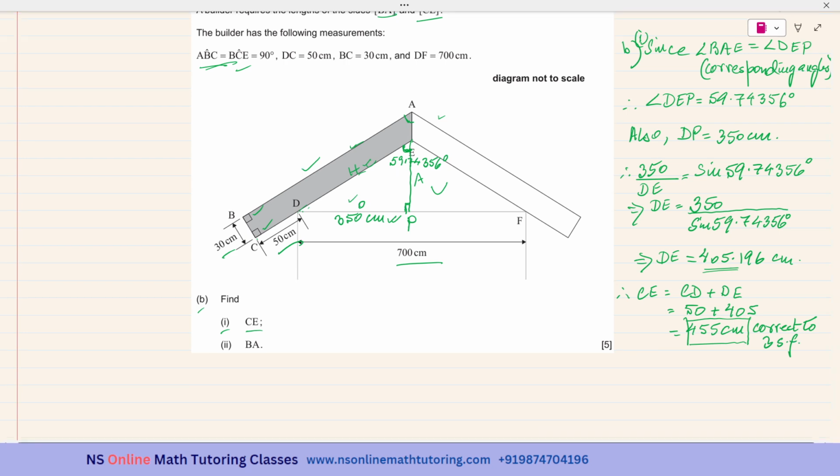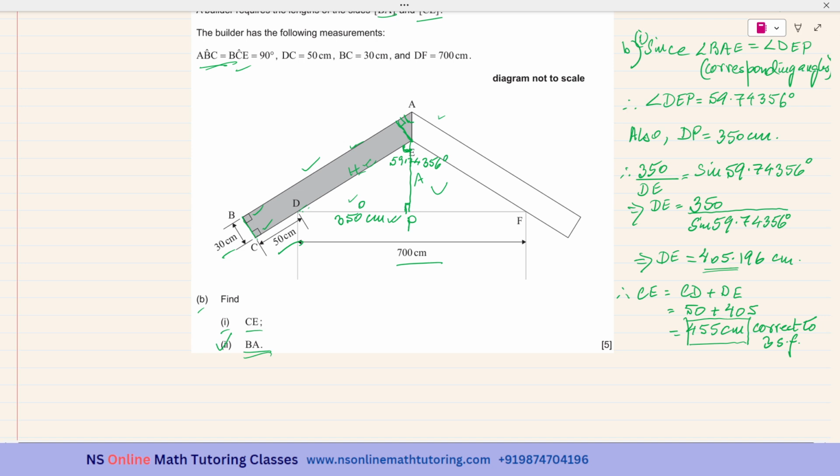So now it is II. We have to find the side length BE. Okay. So for BE, if we draw a line parallel to this CB, assume this to be parallel to CB. So this is 90 degrees.